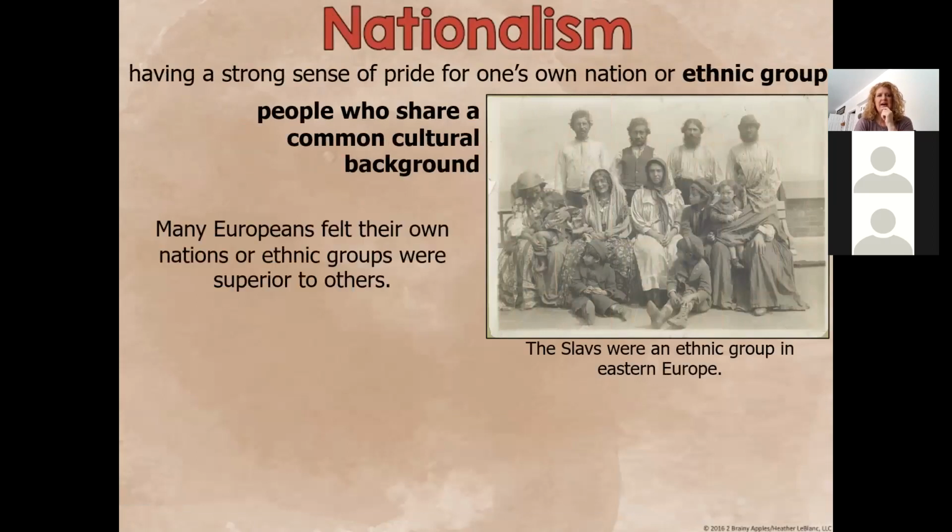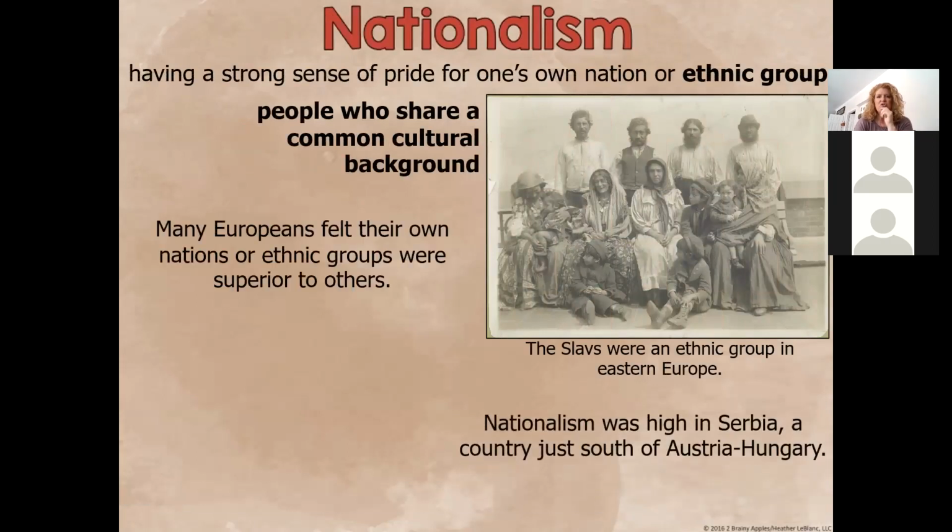Okay, so let's talk about nationalism. That is your strong sense of pride for your nation or your ethnic group, people who share a common cultural background. A lot of times we will see regions of a country that have different ethnicities living in them. For example, in Eastern Europe, there's a group of people still referred to as the Gypsies. That is people who have a common cultural background.